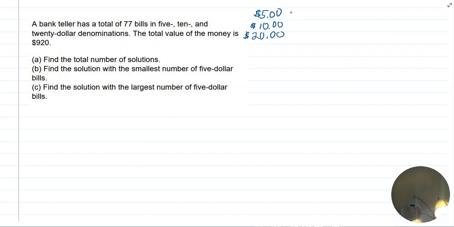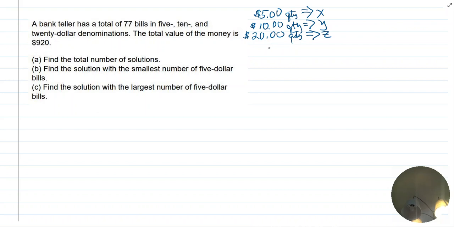So the quantity of $5 bills is X. The quantity of 10s is Y. And the quantity of 20s is Z. All right.